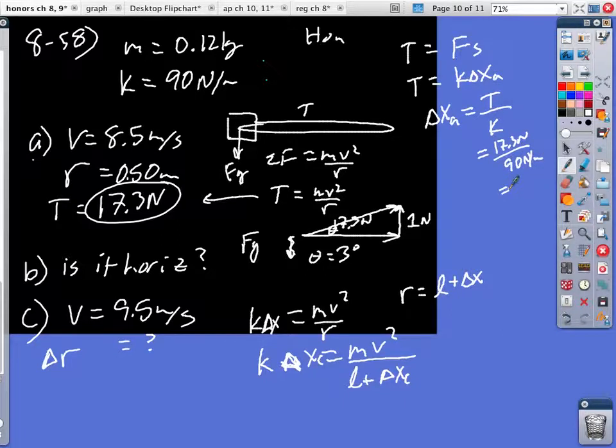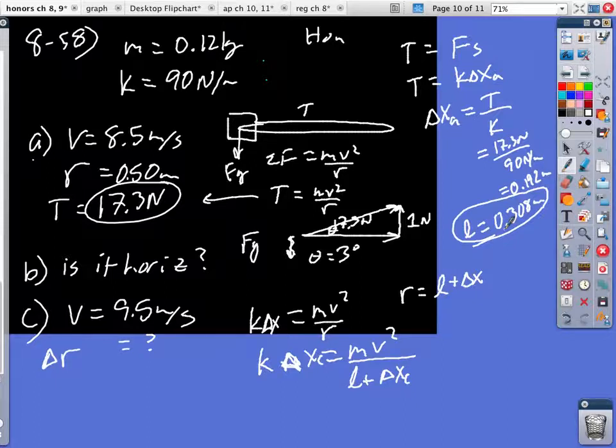So 17.3 divided by 90 gives us 0.192 meters. That's the stretch. And so L is equal to 0.308 meters. So that's the length of the original, unstretched spring.